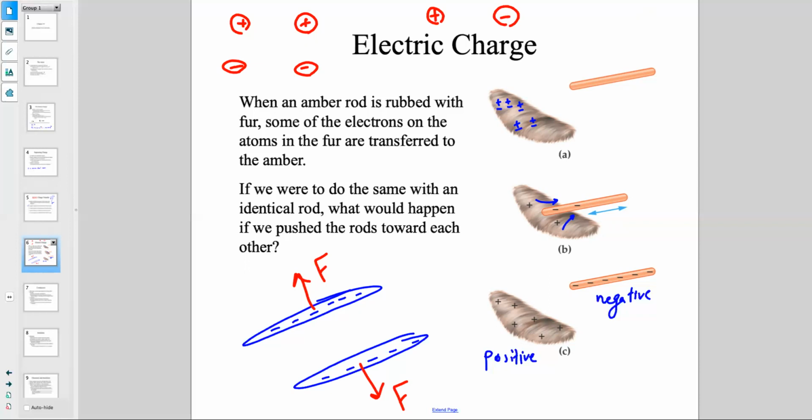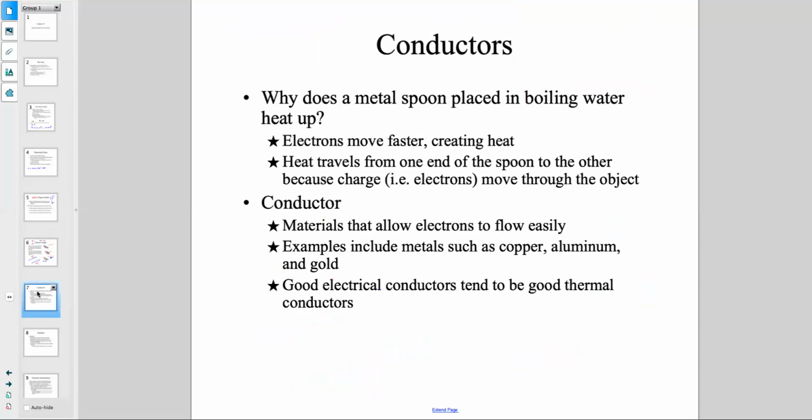So what we have here is this. These two will repel. These two will repel. But these two will attract. Okay, it's the same. We have two negatively charged rods, and then they will have an opposite force. They'll repel.